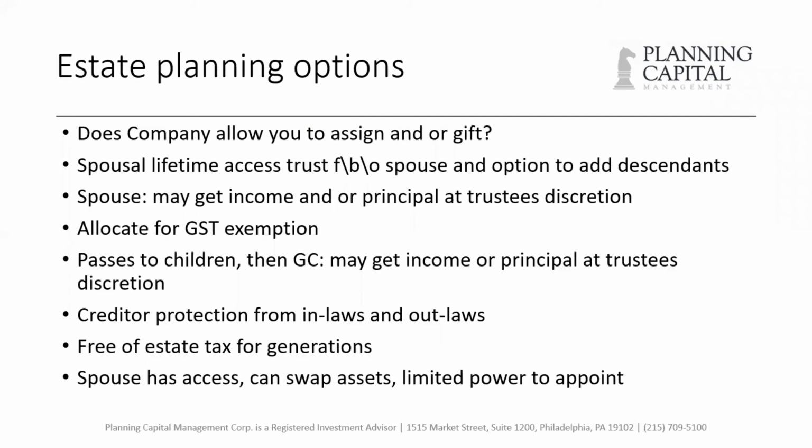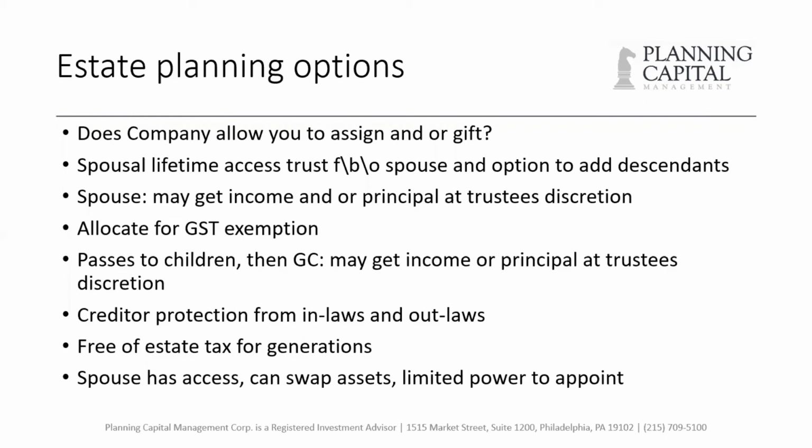So in theory, so long as the spouse wants to share with you, then yes, you're gifting it away, but the income and or principal of that trust can still be part of the marital asset base because we can distribute out of that trust to spouse.